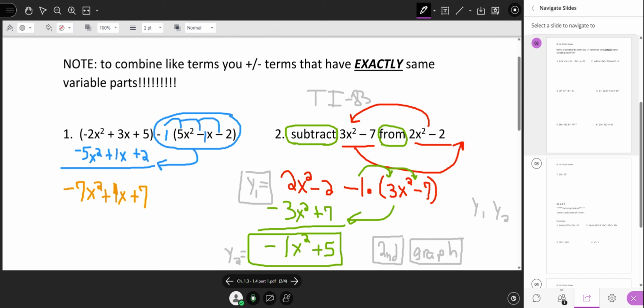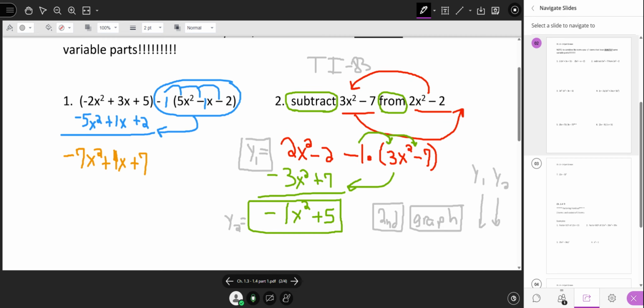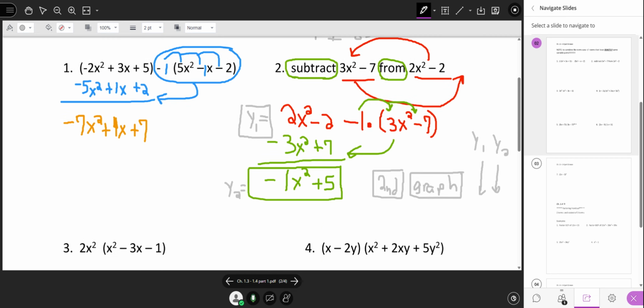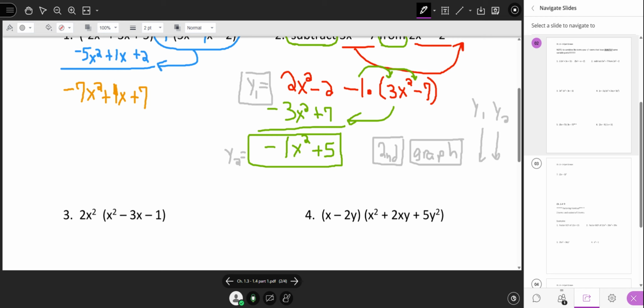Your answers should be the same all the way down. And if they're not, then you did it wrong. But you can check your answers. So I really love your calculators. Now remember, stuff hugged up to a parenthesis means times.